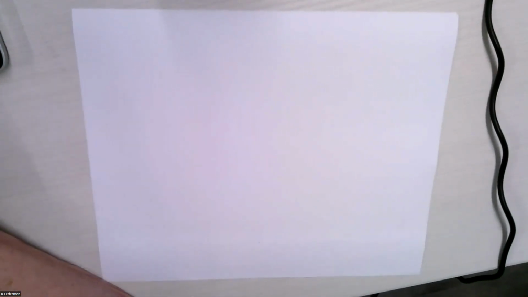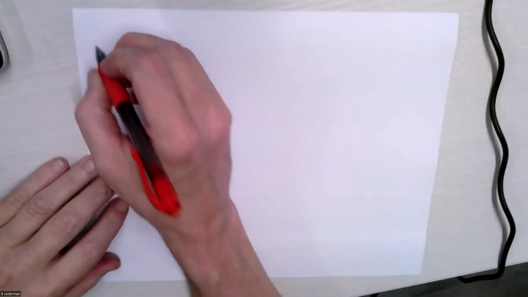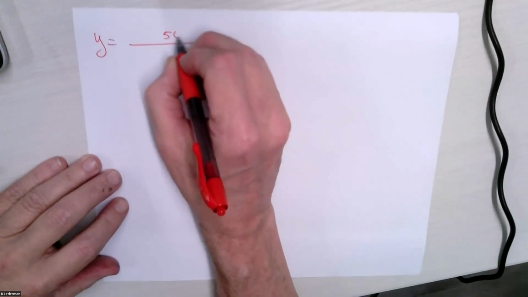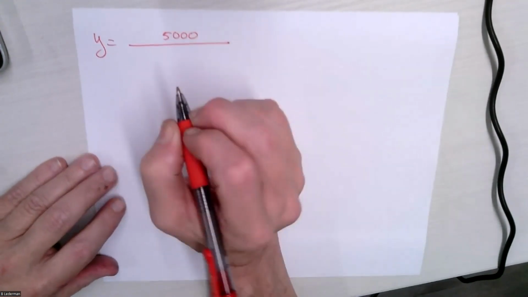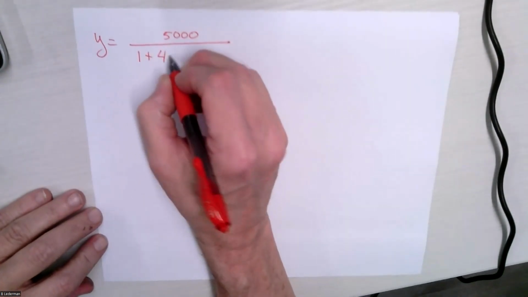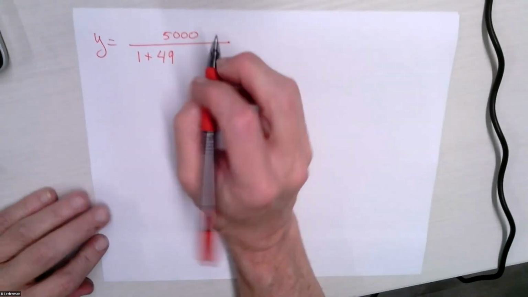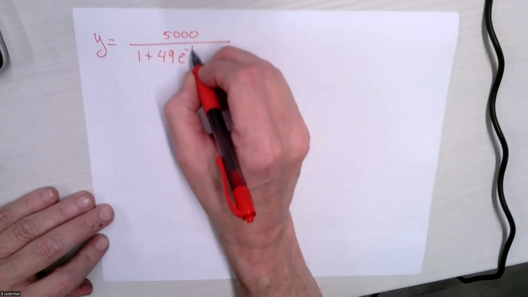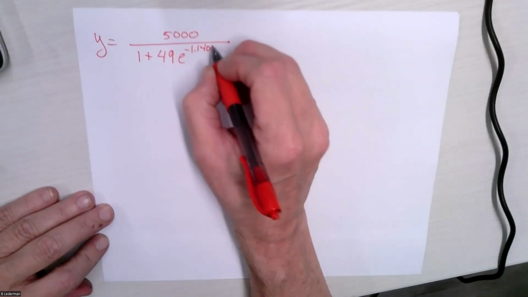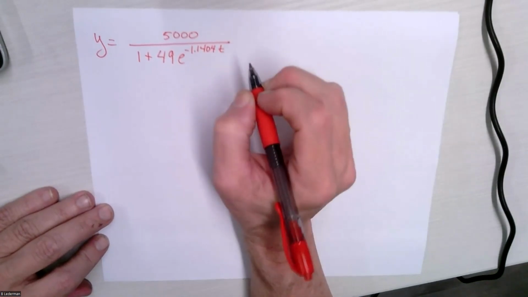So we know now that our formula again is y equals 5,000 over 1 plus 49 e to the negative 1.1404 t.